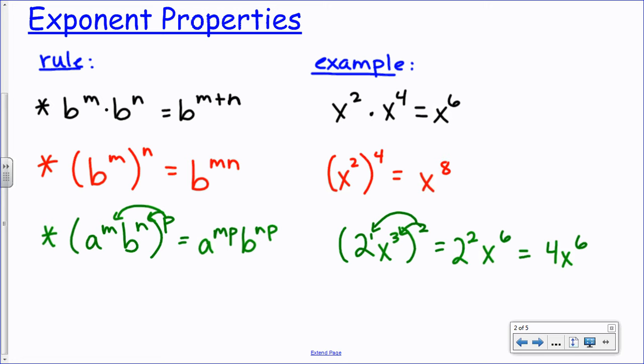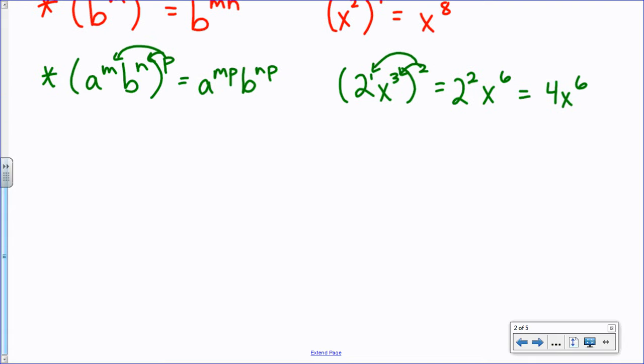And now we're going to do the quotient property. This time when we divide a common base, we subtract exponents. So you know if you multiply a common base, you add exponents. So if you divide a common base, you subtract exponents.